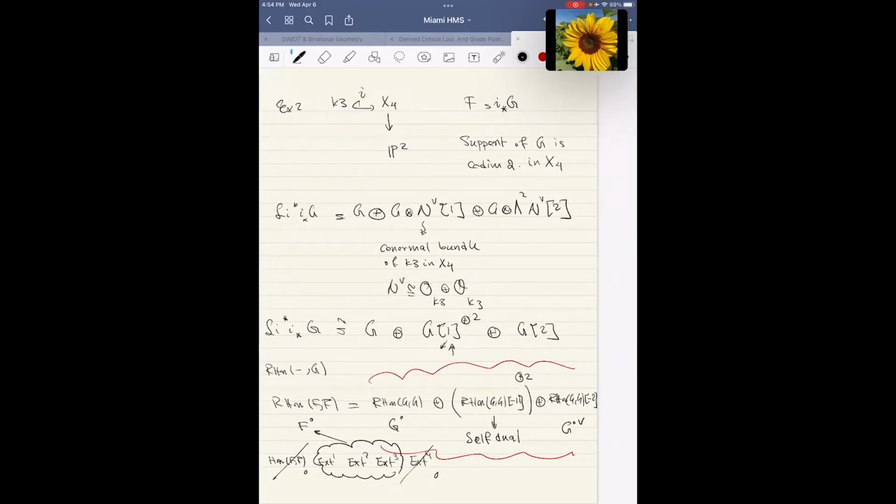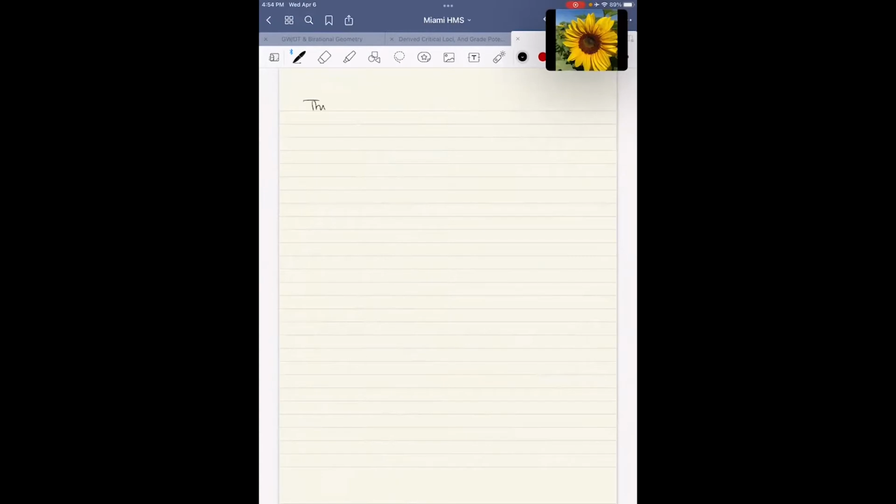So this implies that E dot, defined as dual of F dot, the natural deformation obstruction complex, is non-perfect of amplitude. This time it will not be -1 to 0, it will be -1 to 1. -1, 0, and 1.